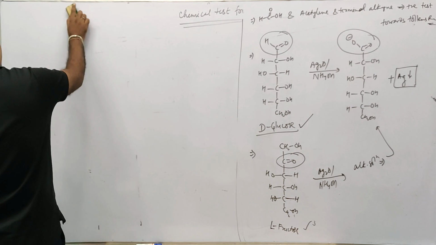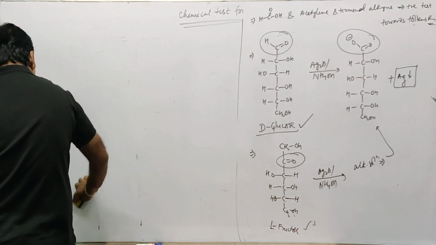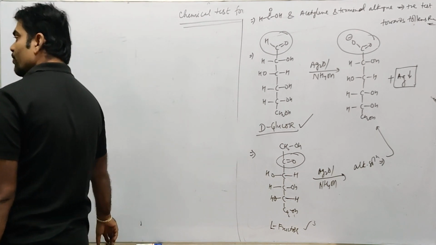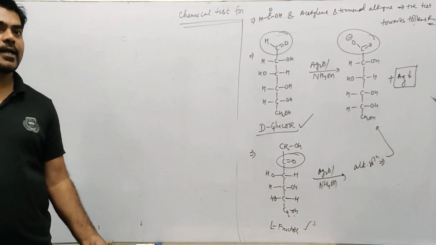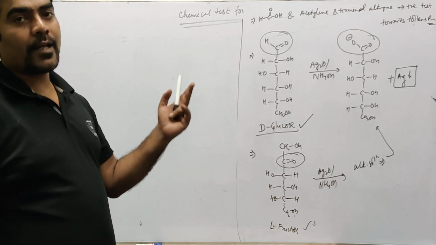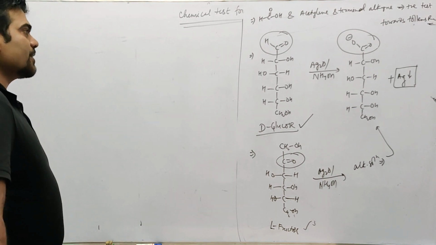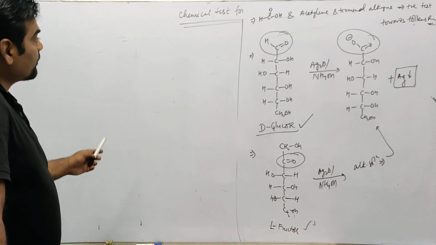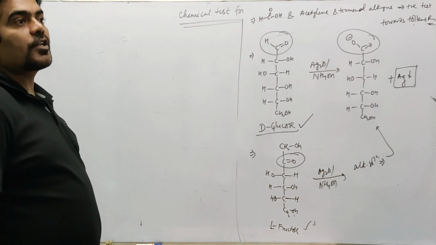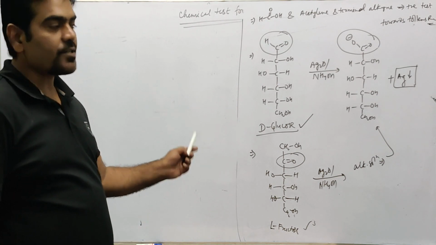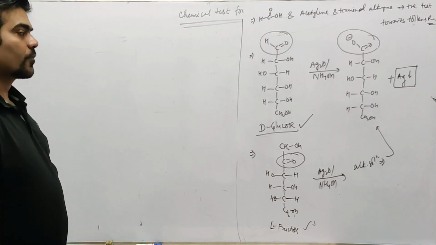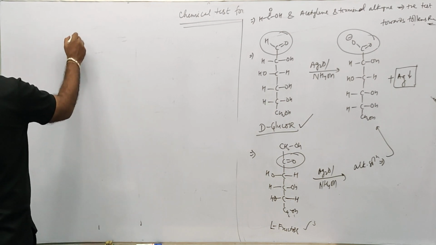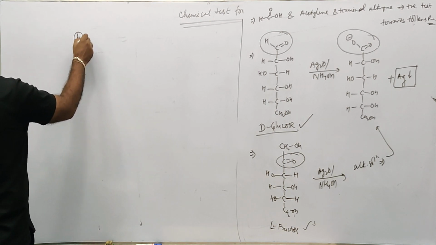However, a terminal hydroxyketone will respond positively, because it will be converted to the corresponding aldehyde through enediol rearrangement in alkaline solution, and Tollens reagent acts in alkaline solution. So terminal hydroxyketone will respond, non-terminal hydroxyketone will not. Next chemical test of aldehydes and ketones is Fehling solution.